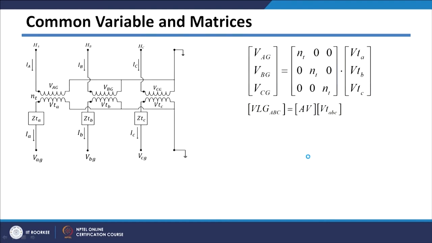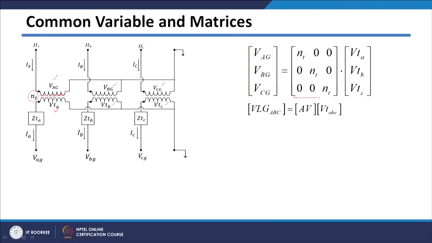Then the winding voltage ratio. Basically the voltages across the windings are always related by your turns ratio. So the voltage VAG here and VTA will always be related by your turns ratio. Similarly, VBG and VTB, and VCG and VTC, will be related by the turns ratio.